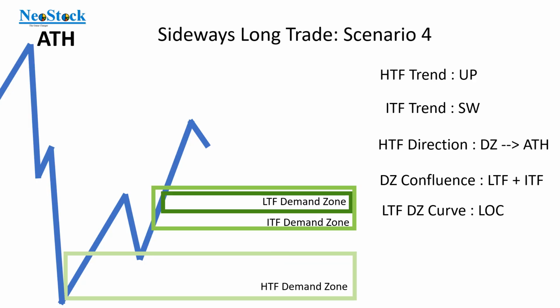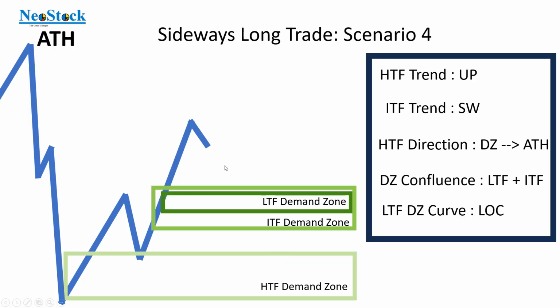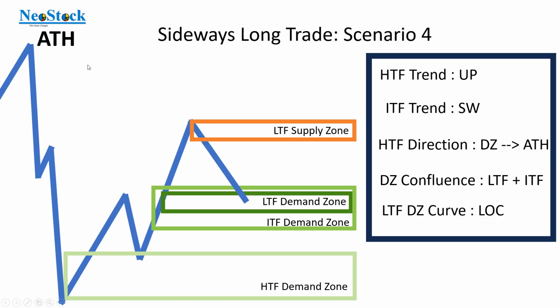What is the target? Let us assume you have a LTF supply zone. Once prices reach here, your target could be until LTF supply zone. You may ask a question. Sometimes in all-time high scenario, LTF supply zone may not be available. There may not be ITF supply zone, there may not be LTF supply zone in some of the all-time high scenarios.